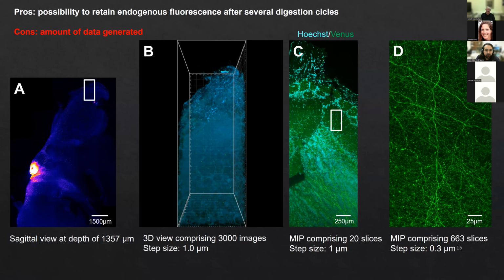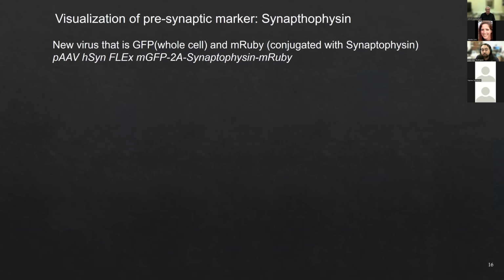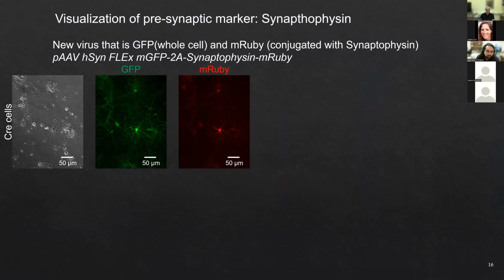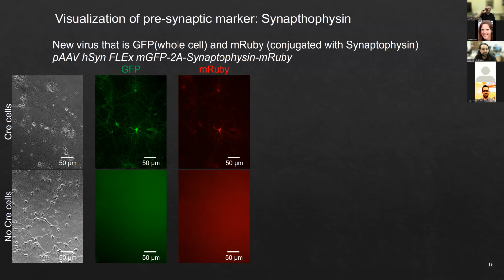Something maybe not that nice is the amount of data that you will generate with this kind of image. Okay. Now, to avoid any antibody staining and also to see the interaction of these cells in the olfactory bulb, by interaction I mean where they are making synapses, we injected new samples with a different virus that is now expressing GFP in the complete cell body, but is also expressing mRuby in the synaptophysin terminals. Okay.